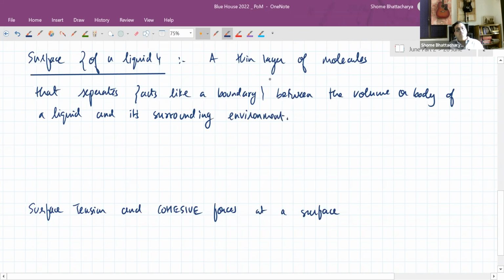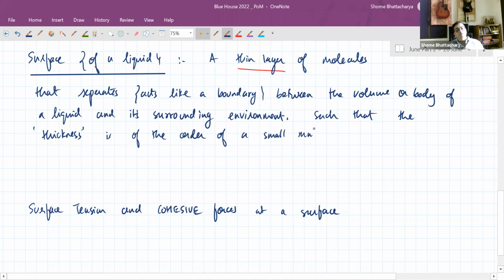So when we say thin layer, what we mean is that the thickness is of the order of a small multiple of molecular diameter.